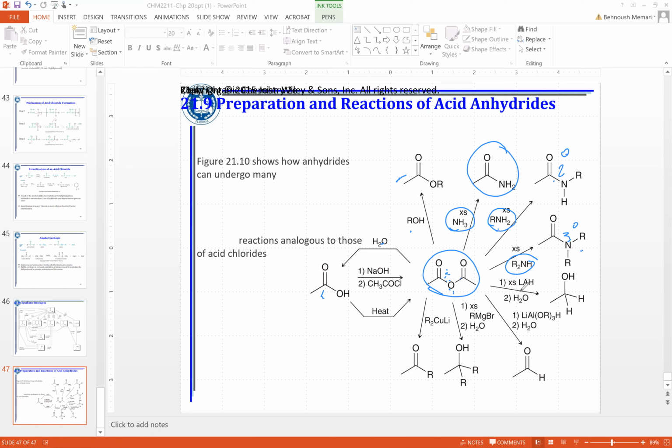Acid anhydride can be reduced if you add LAH, lithium aluminum hydride. If you reduce it with that, it would change to primary alcohol. If you use a poisoned reducing agent, it will change to aldehyde. Acid anhydride plus Grignard reaction: Grignard is a nucleophile.